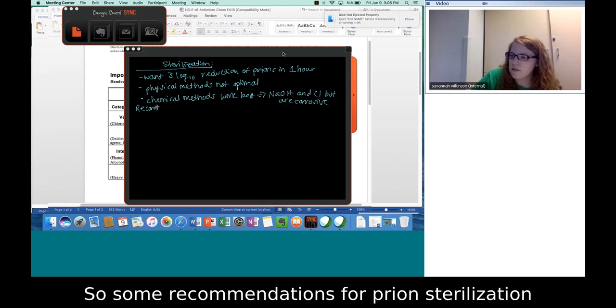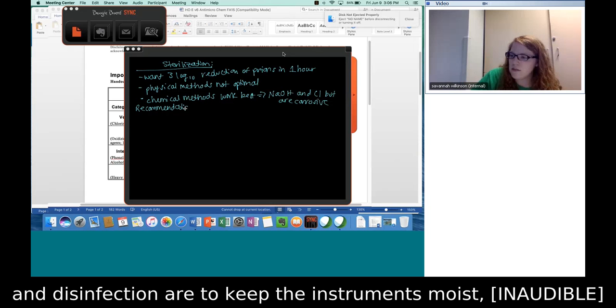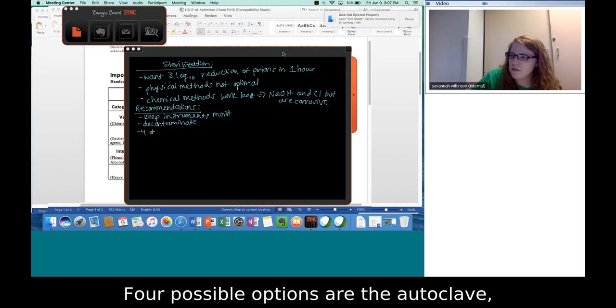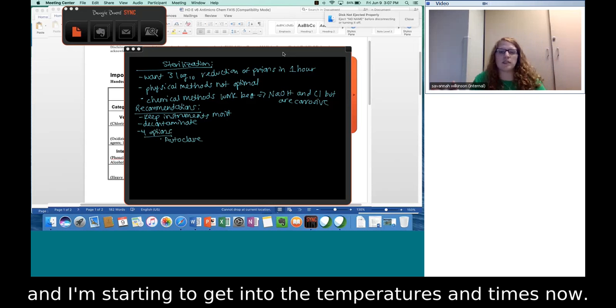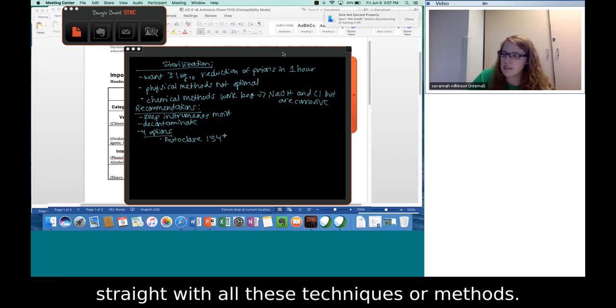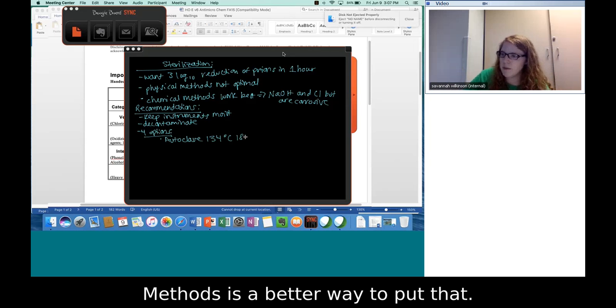So some recommendations for prion sterilization and disinfection are to keep the instruments moist, then decontaminate. Four possible options are the autoclave, and I'm starting to get into the temperatures and times now, so make sure that you keep the times and temperatures straight with all these techniques, or methods. Methods is a better way to put that.